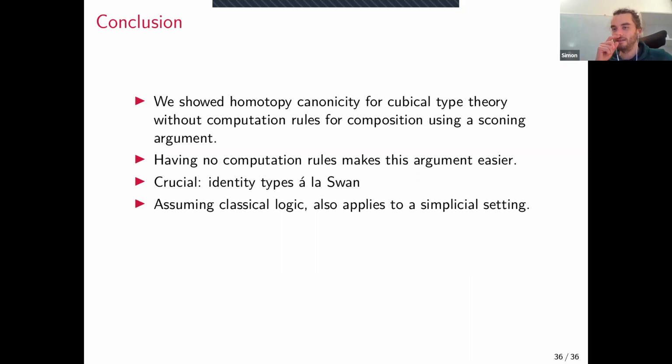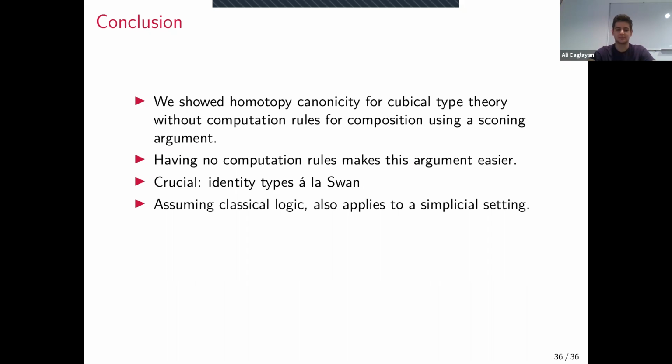And then coupled with, for example, these extension types like they have in RedTT, I think that really simplifies things quite a lot to formalize. All right. Thank you very much.